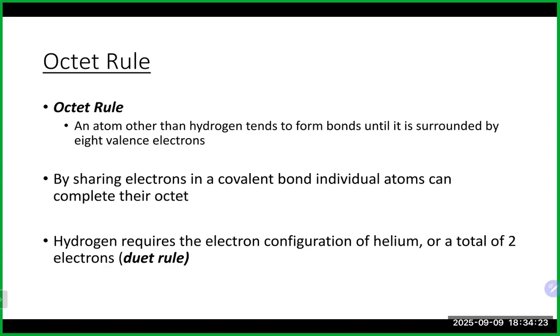Obviously, our one exception there is hydrogen, which only needs to get to helium, so it should only have 2. Hydrogen should always be on the outside of the molecule, because if you put it in the middle, it's going to have way more than 2 electrons. So hydrogen should always just be hanging on the outside.